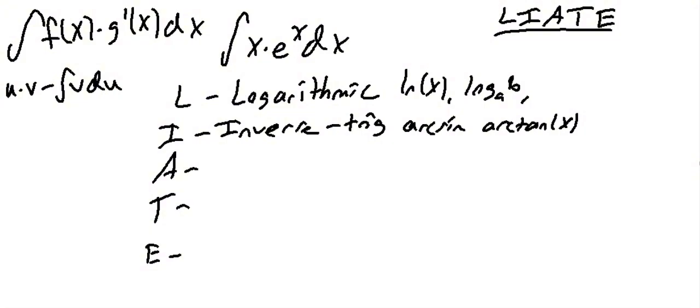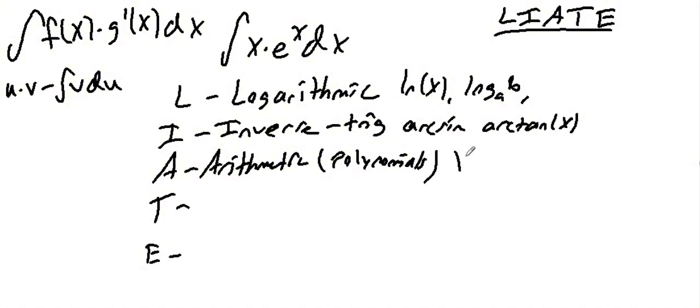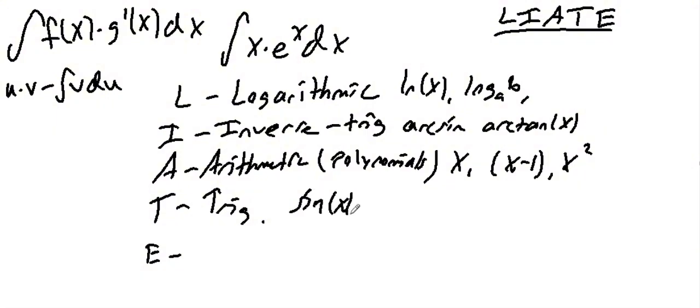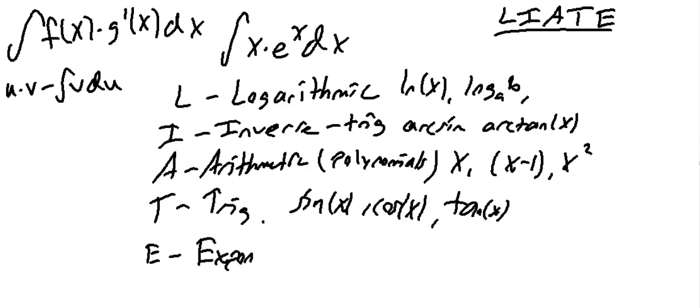Your A, so A is going to be arithmetic, sometimes things like polynomials. So if you have x, so you have x minus 1, x squared, things like that. T is trig, which is, of course, sine of x, cosine, tangent, things like that. And E is exponential. This is going to be things like e to the x, some constant to the x.